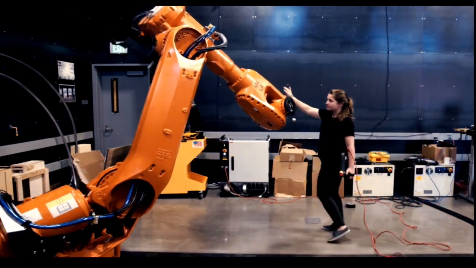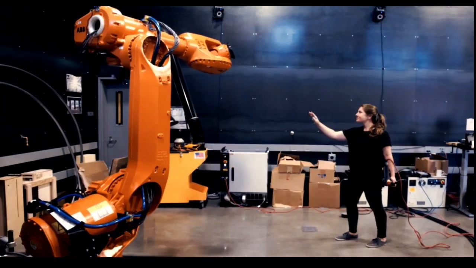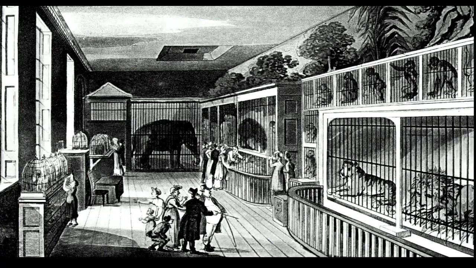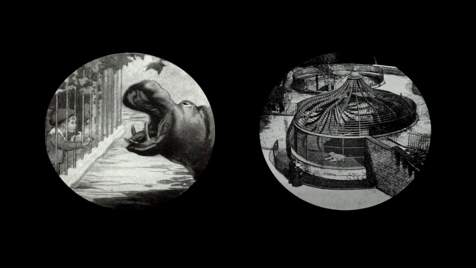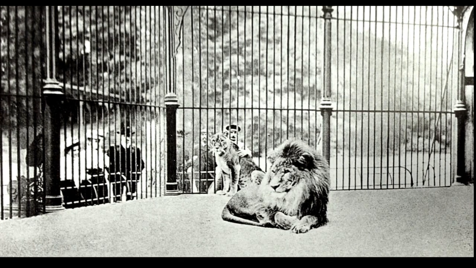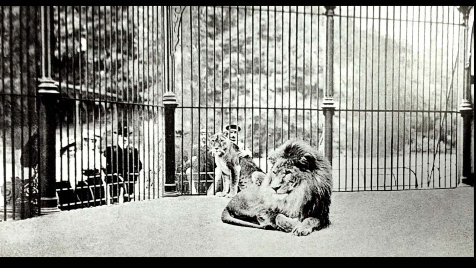But this ask from the curator reminded me of Victorian era zoos where people would bring exotic creatures into confined settings for the spectacle and entertainment of the masses. So I decided to really play that up and bring an industrial robot to live in the Design Museum London for 6 months.